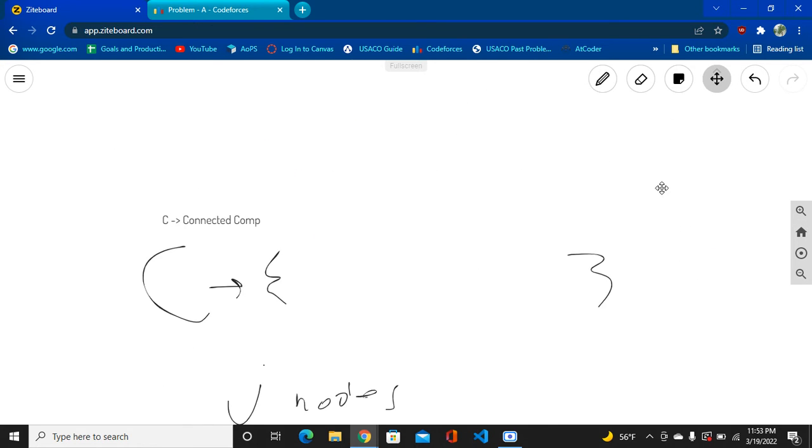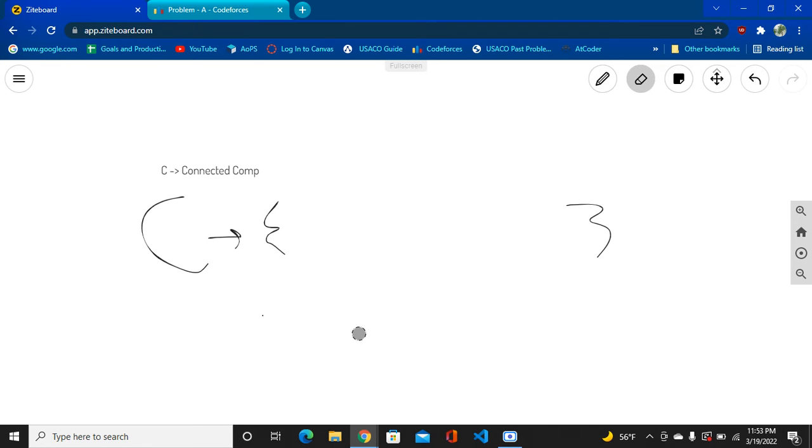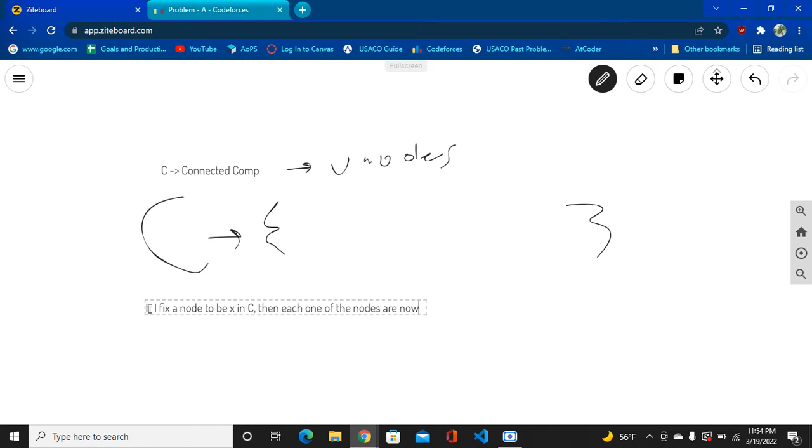So if I fix a node to be x in C, then each one of the nodes can now be expressed linearly, in the form of mx plus b.